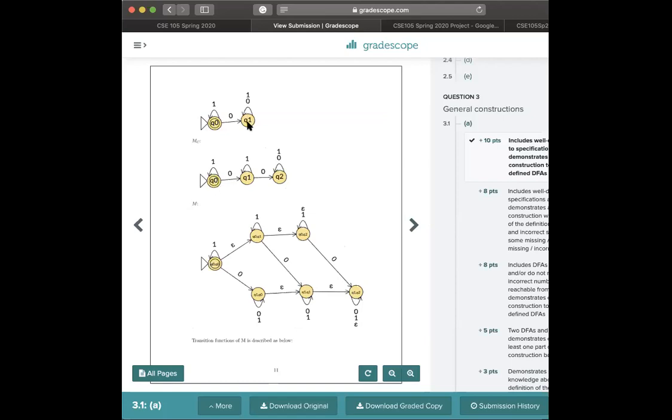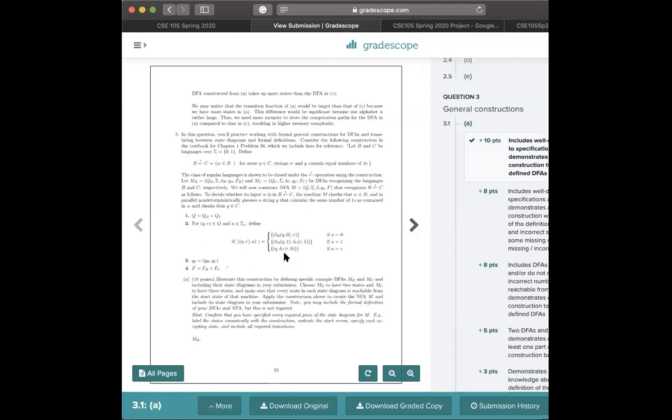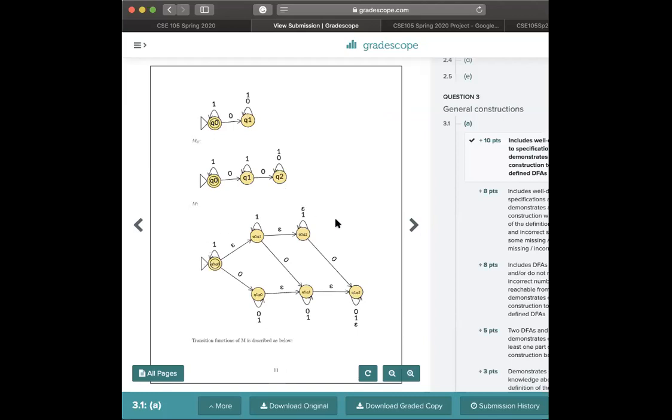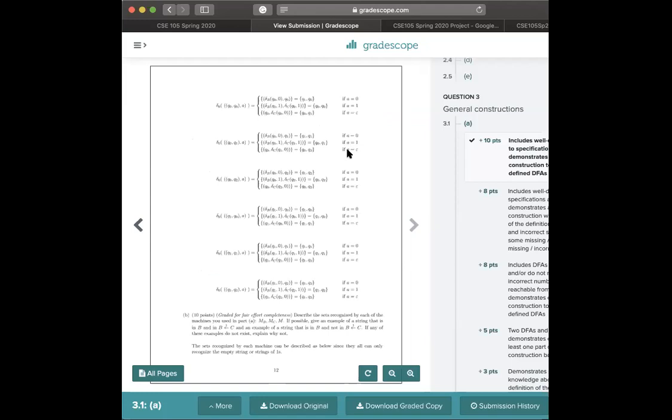So we should go to Q1, Q0 when we read a 0 and we are in Q0, Q0. And this is indeed what we have. The same idea can be applied when we read 1 and epsilon in our NFA. So this is the state diagram that I have, and this is all the work that I show here.